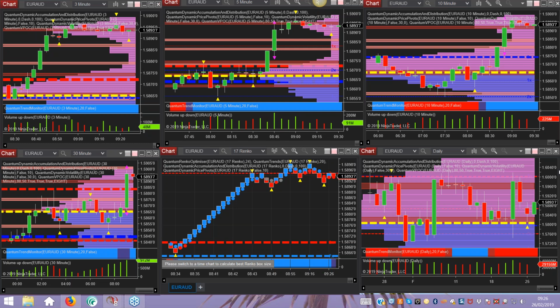A breakout, what are we looking for in terms of a test? In terms of a test, when you're looking at a breakout in any market, it doesn't matter which market you're looking at, you're looking for the price action to move back in.